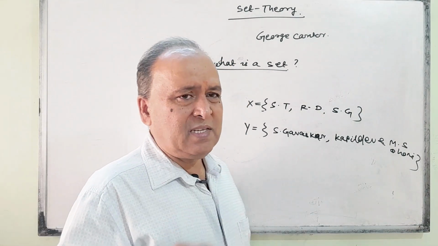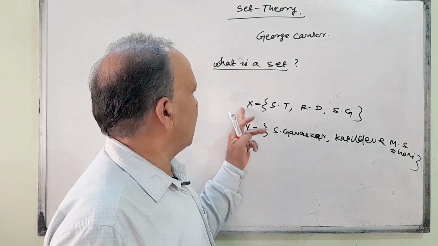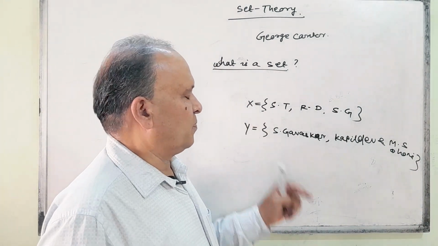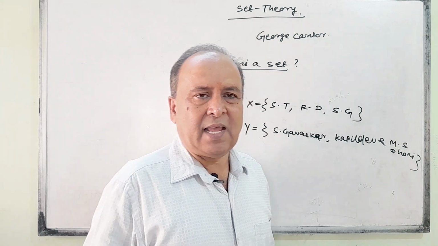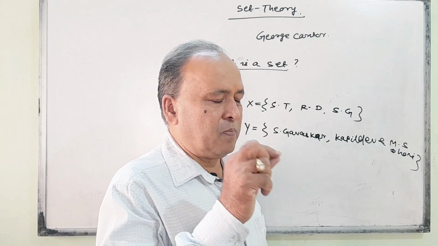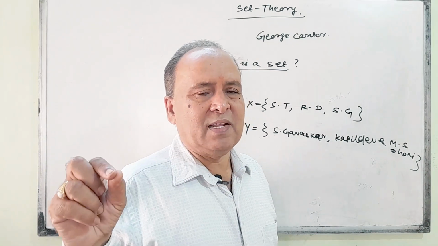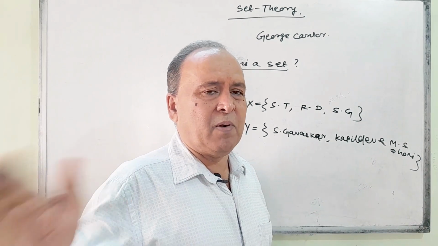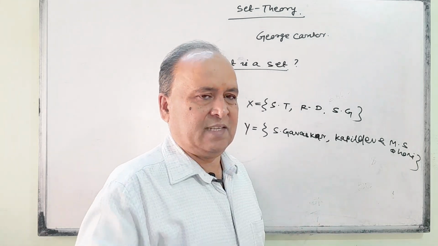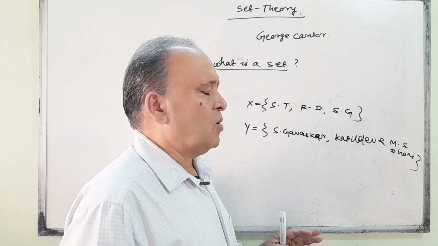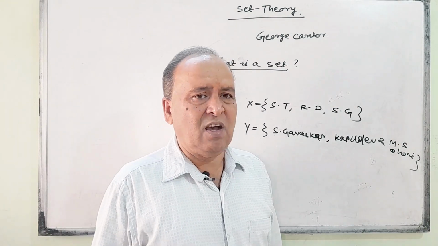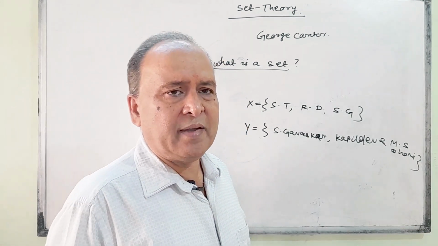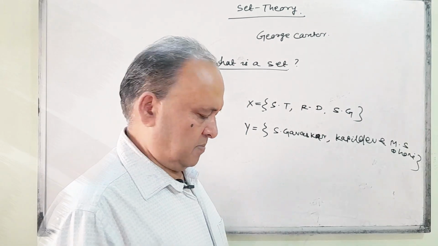So the word best is not well defined, and we can say the 3 best cricketers of India cannot be a set. But the 5 vowels of the English alphabet are a universal truth and true for everybody. So it is a set. We can say a set is the collection of well-defined or distinct objects.